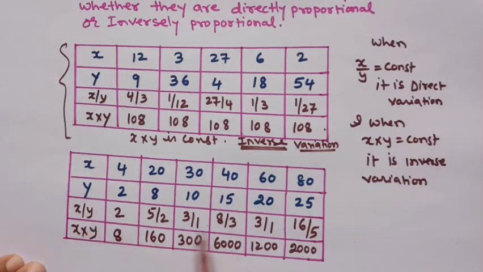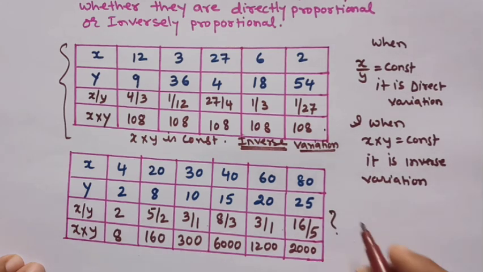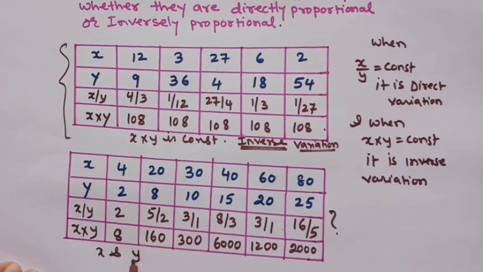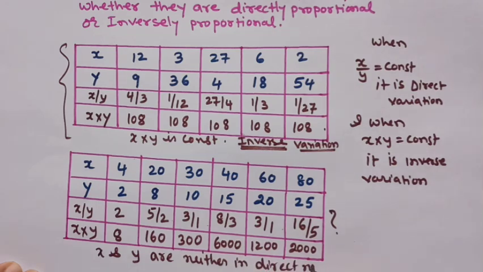Neither x by y is constant nor x into y is constant. So here we can say that x and y are neither in direct nor in inverse variation.